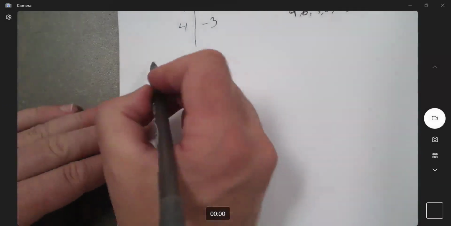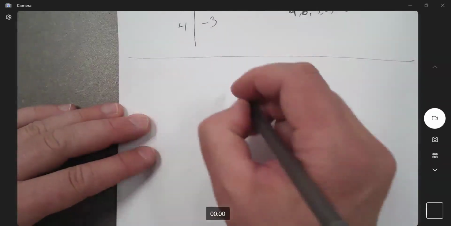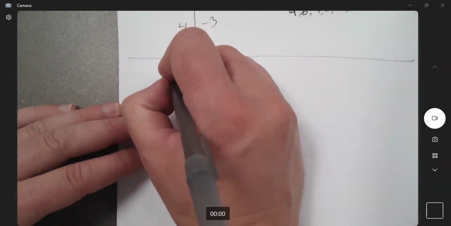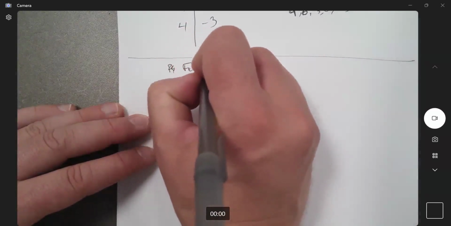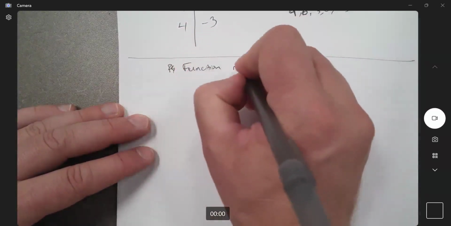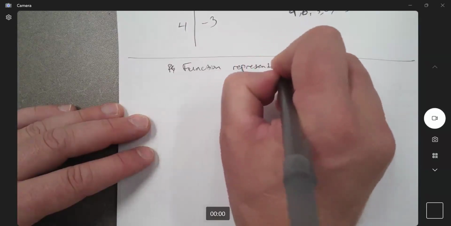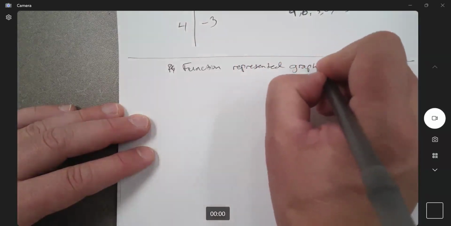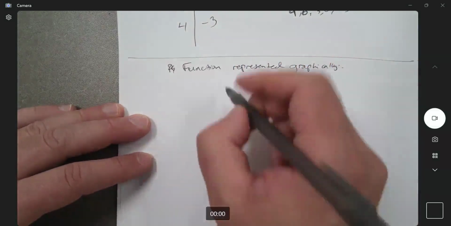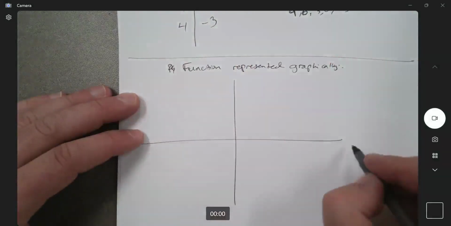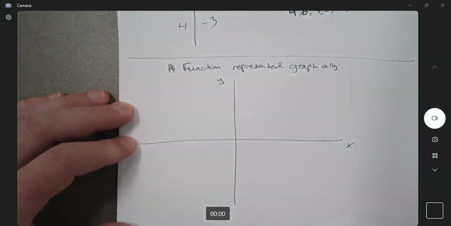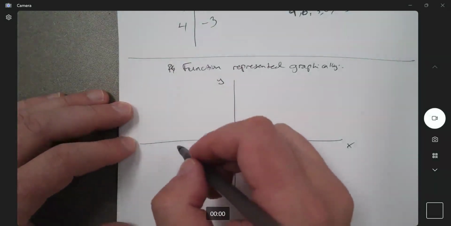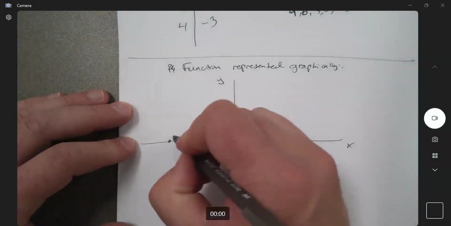Graphically, a little more challenging. Let's look at a function represented graphically. So here's my X and my Y. Let's do a version of that M function that I had earlier.